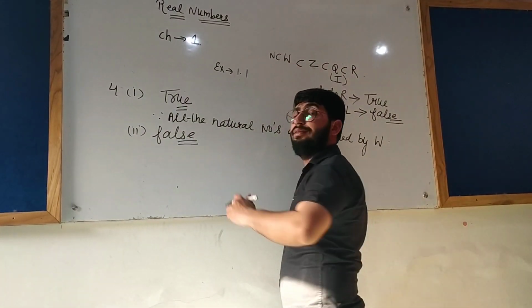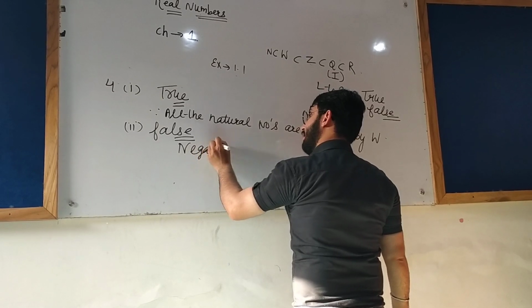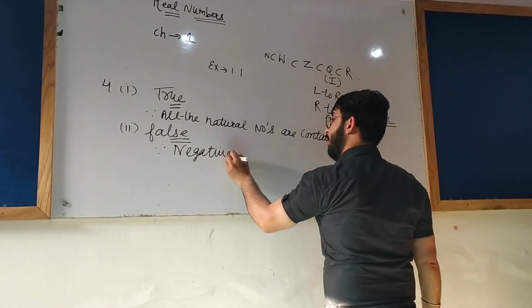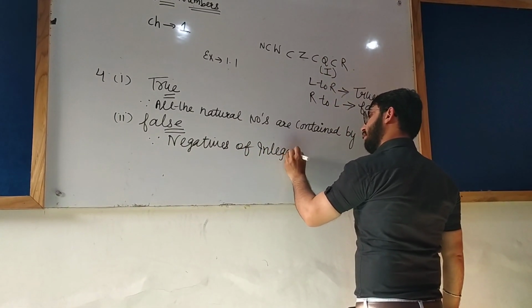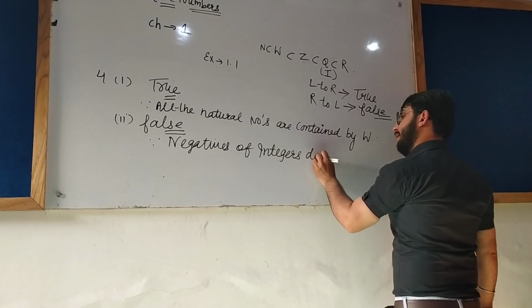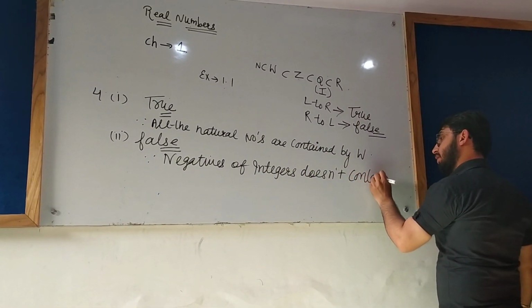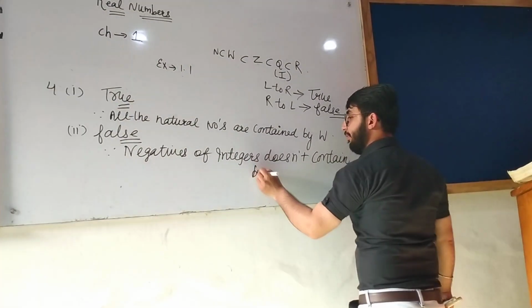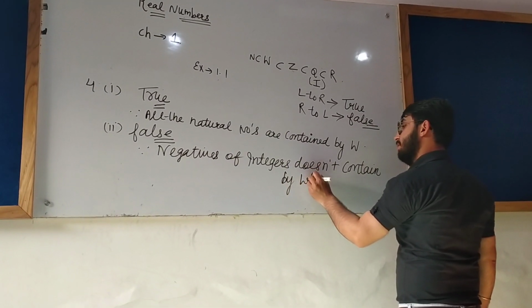Then what is the reason? Negative integers. Why is it false? Because negative integers are not contained by whole numbers.